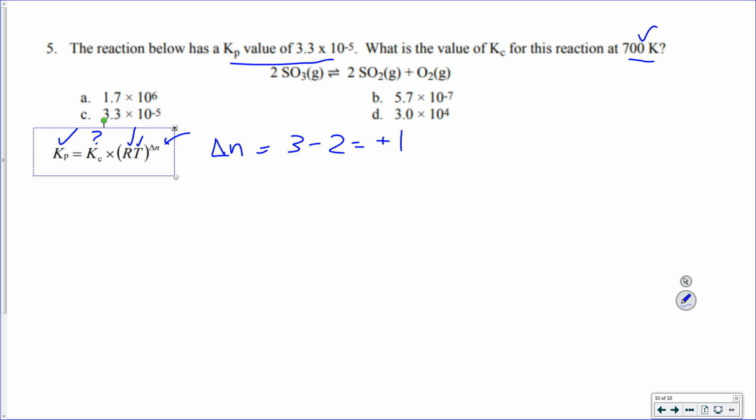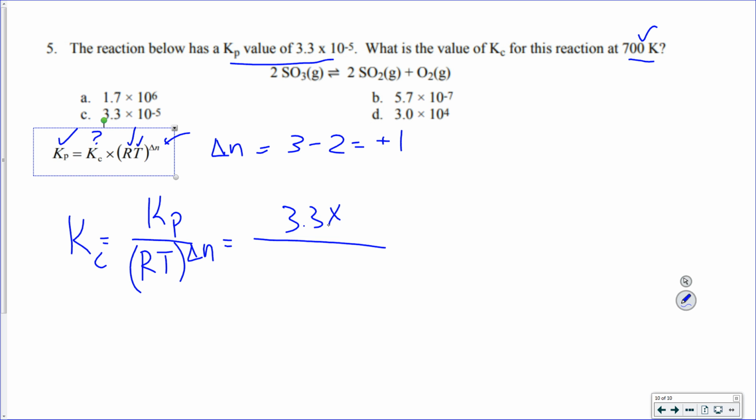So on this I'm looking for K sub C. K sub C is going to be K sub P divided by RT raised to the delta N power. At that point, it's just a matter of plugging things in. So 3.35 times 10 to the minus fifth, R is 0.08206 times T, which is 700, raised to the 1 power, which I don't even have to write out.